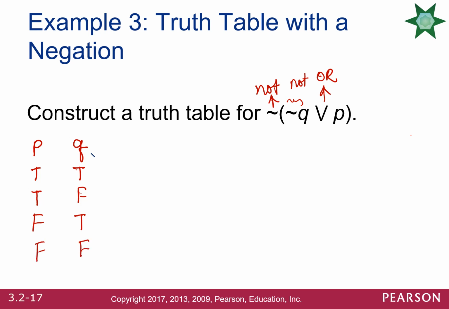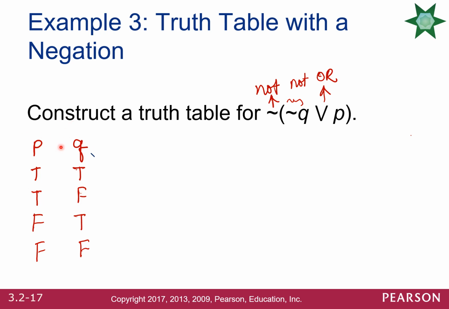All right. So there are 4 cases, 4 combinations of true and false that can be created from 2 simple statements P and Q. So the rule is that if you are working with n simple statements, then you will have 2 to the power n combinations, 2 to the power n cases.